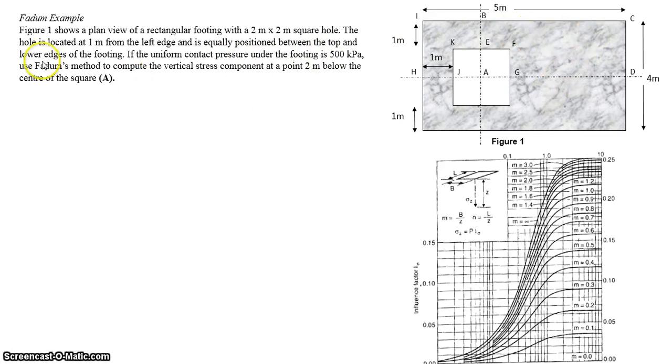So we need to use the Fadum method to compute the vertical stress at A, with the location of Z at 2 meter below the center of square A. So Z now is 2 meter. I hope you still remember the Fadum concept. Any point that we are interested in must lie at the corner of at least one rectangle that we want to use to define the influence factor.